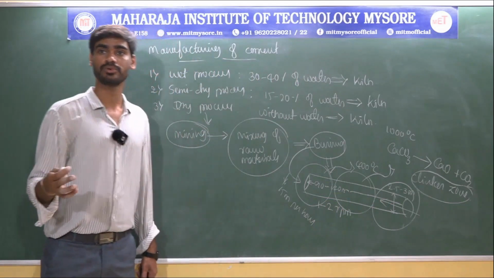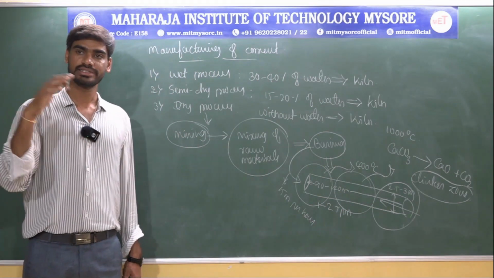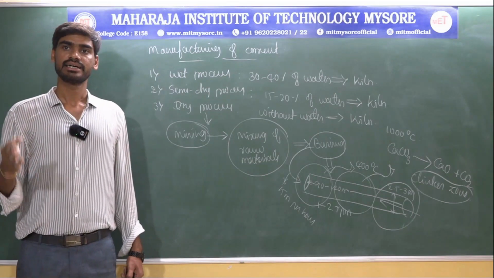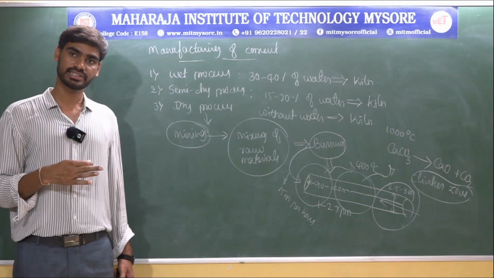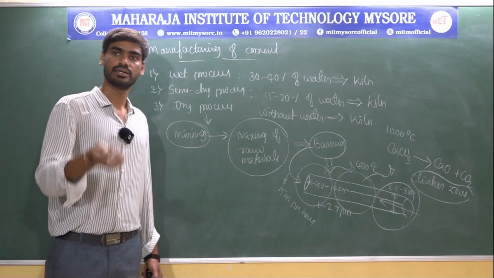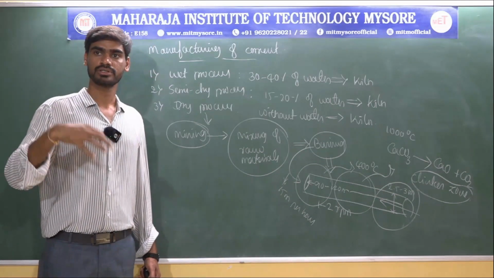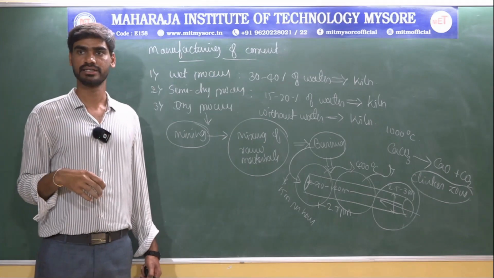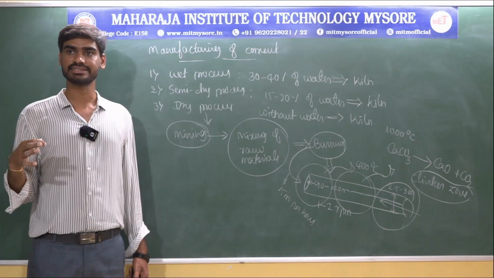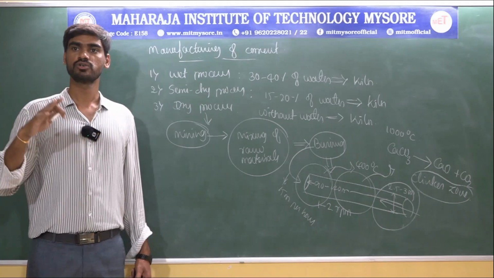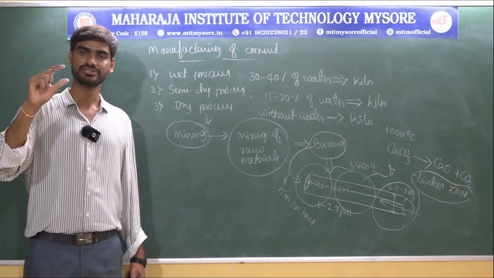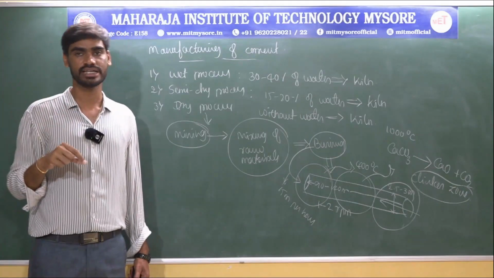In the clinker zone, I mean the lower region, lime and clay react at about 1600 degrees centigrade to yield the Bogue compounds, calcium aluminates and calcium silicates. These aluminates and silicates of calcium fuse together to form small and hard stones known as clinkers. The size of the clinkers is about 5 to 10 millimeter.